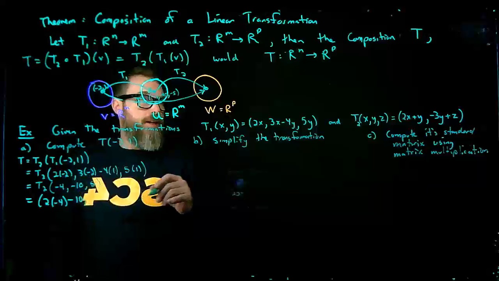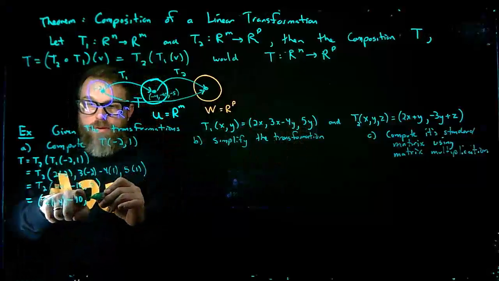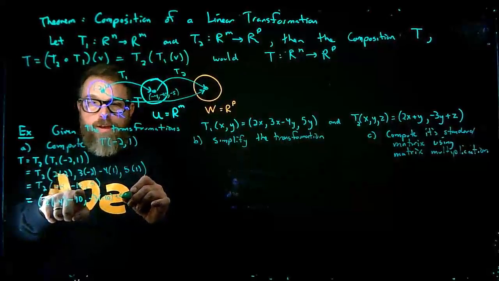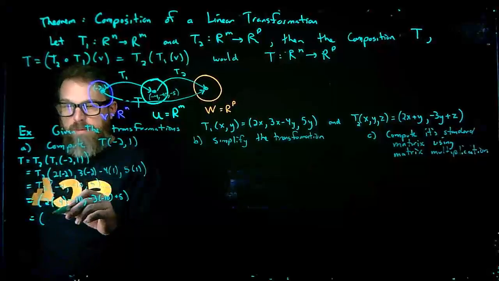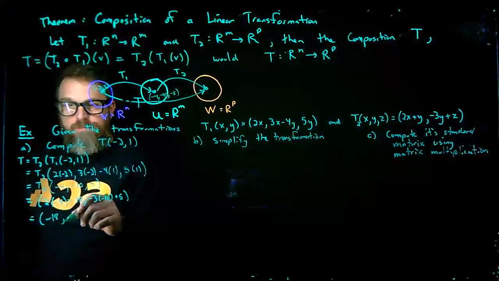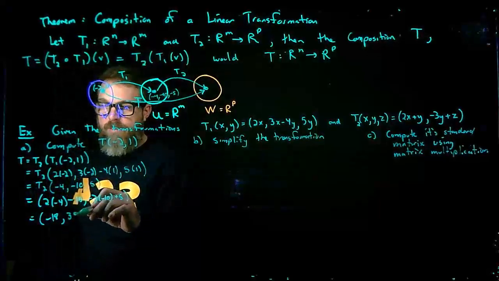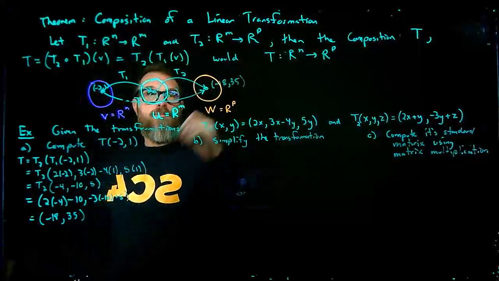The second component is going to be -3 times the second component, -3 times -10, and then plus z, so plus 5. So what we get back here is -8 minus 10, which is -18, and then 30 plus 5, which is 35. This would be (-18, 35).